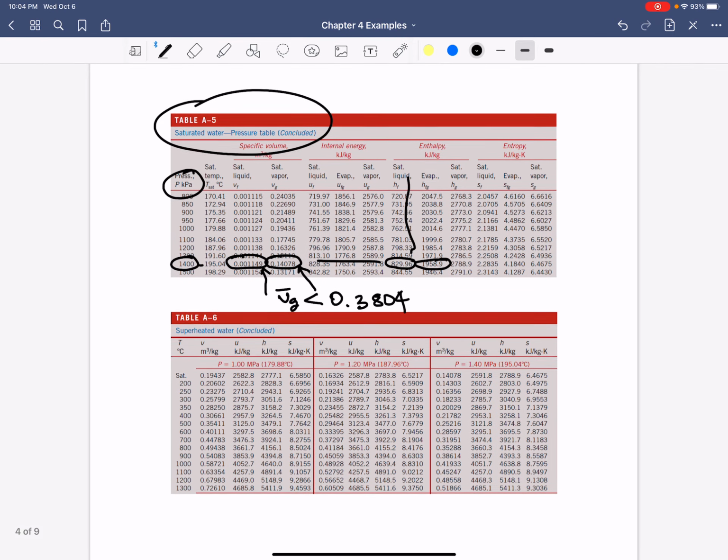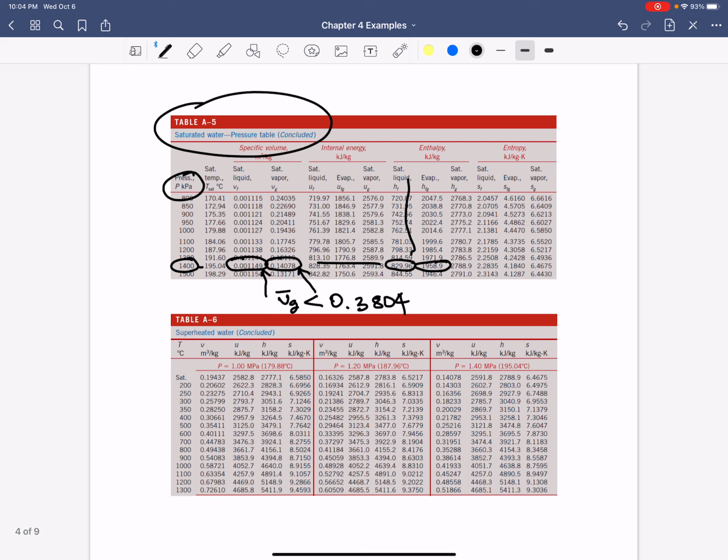Okay, where is it? This one. Okay, and our pressure is 1400 kilopascal, so 1.4 megapascal here. And then they're asking us to calculate the enthalpy, and what we can do is use the specific volume to calculate the enthalpy.